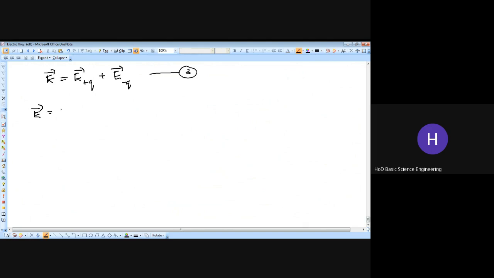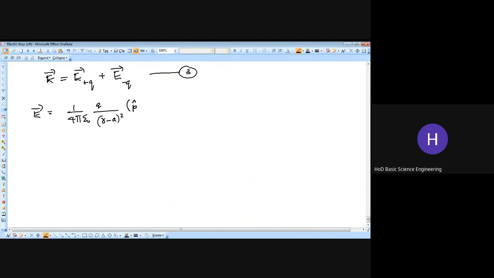E is equal to 1 by 4 pi epsilon naught Q divided by (R minus A) whole square, plus, into P cap. Of course, you can write P cap here or take P cap outside because it is common. Anyhow, I'm writing it here now.